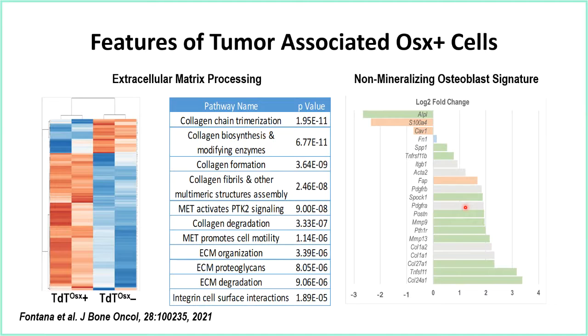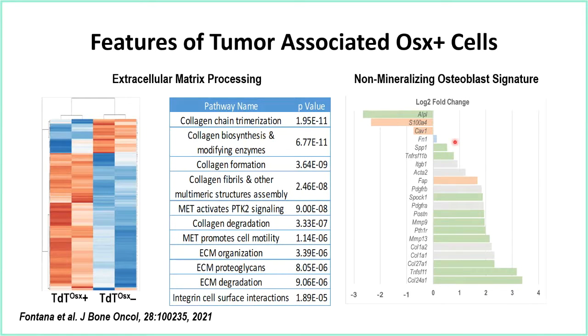So they do have genuine osteogenic footprinting, except alkaline phosphatase, which for some reason is downregulated. But that's not surprising because these cells can be osteogenic, but they don't make bone in the microenvironment. So they are non-mineralizing osteogenic cells.